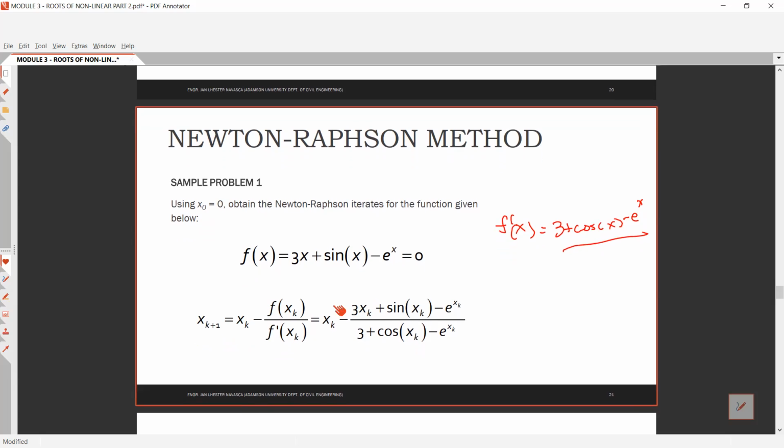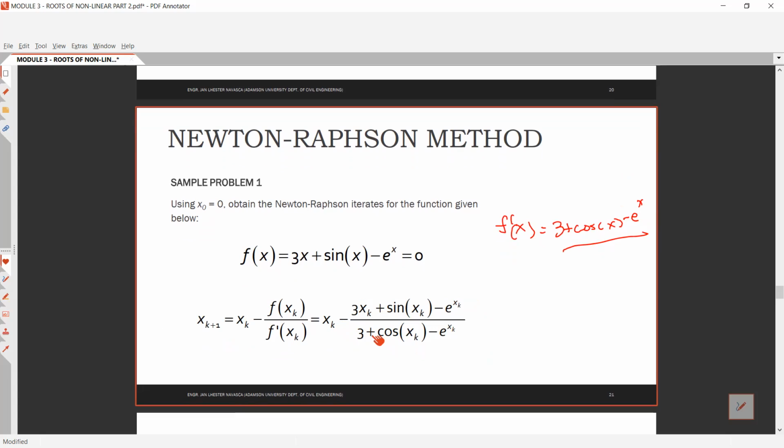So, ang iteration scheme natin is this one. x sub k minus yung f of xk natin, so 3xk plus sine xk minus e raised to xk, all over yung derivative.